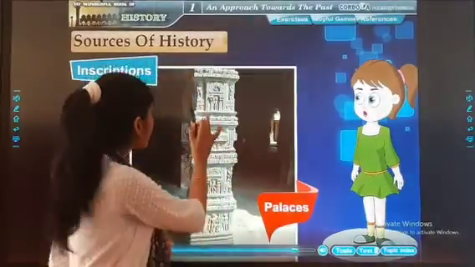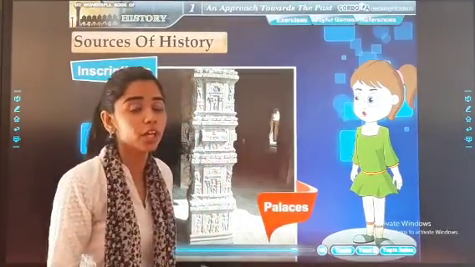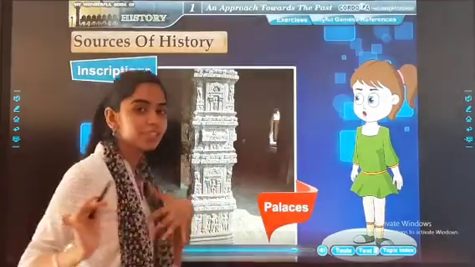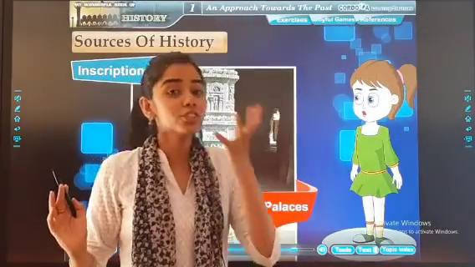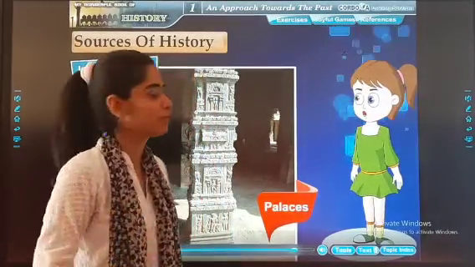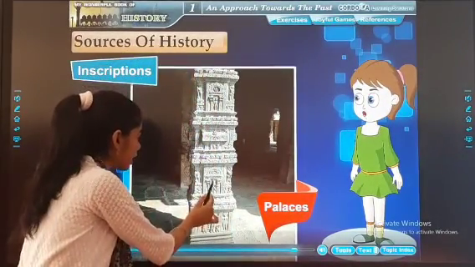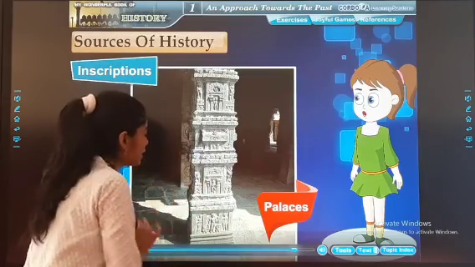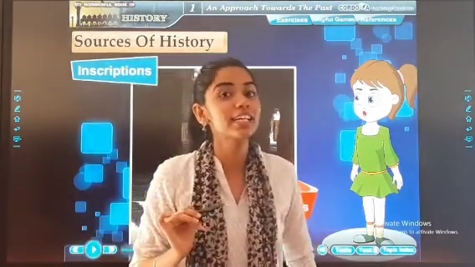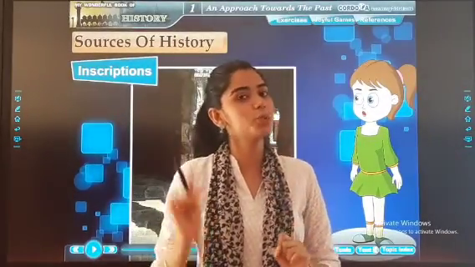Okay? If you look at these pillars carefully, see there is a story that they're trying to tell. They're trying to tell about the culture that was followed at that time. You see, there is someone standing, there is a lady, then there is a door also. So these are all what? These were inscriptions used at that time.